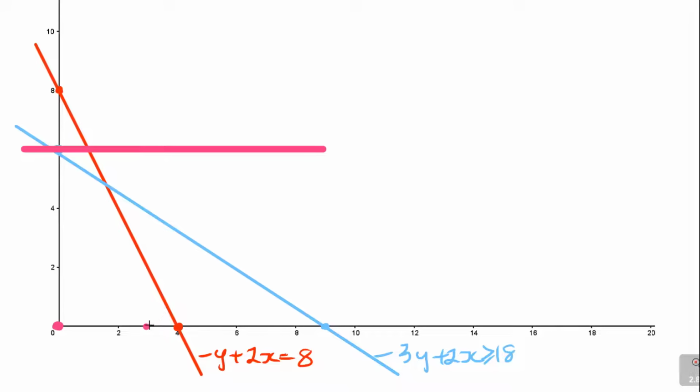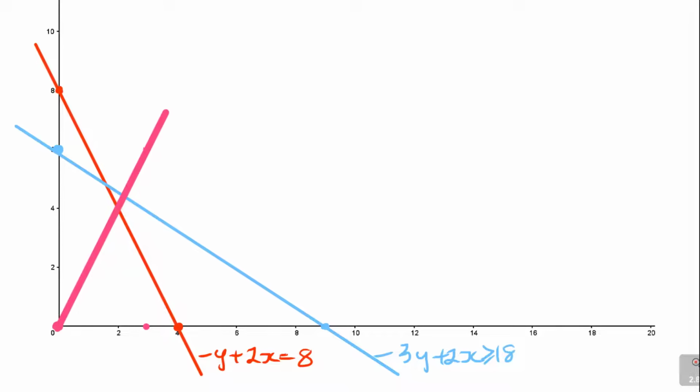Just to get an estimate of this one, I'm going to erase it. I've got that and I've got that. The point is somewhere here. All right, so I can draw this line like this.